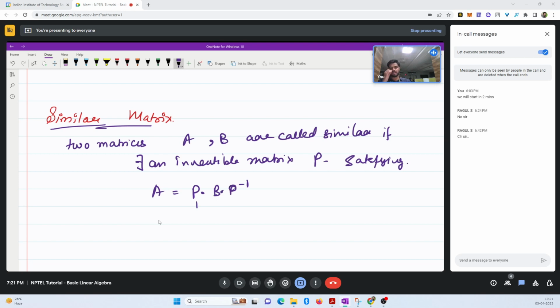So if you can find a matrix P such that you can write A as P times B into P inverse, then A and B matrices are called similar matrices.